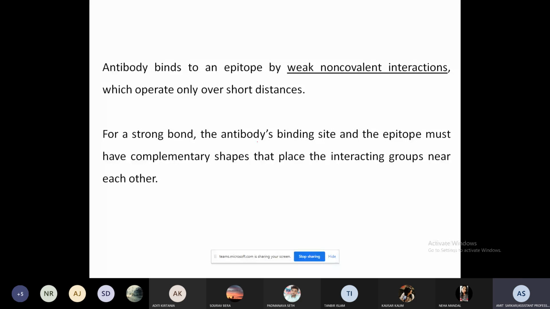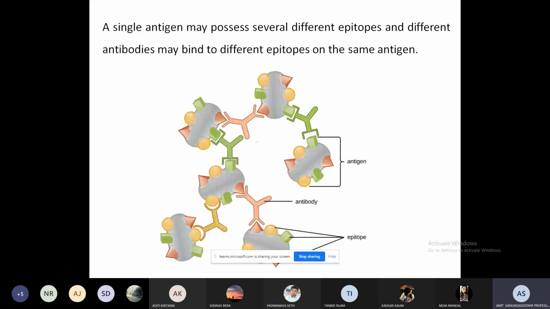But this type of interaction between antibody and epitope does not involve any electron sharing. So they bind through weak non-covalent interactions, such as hydrogen bonds, ionic interactions, van der Waals interactions, etc. Always weak.